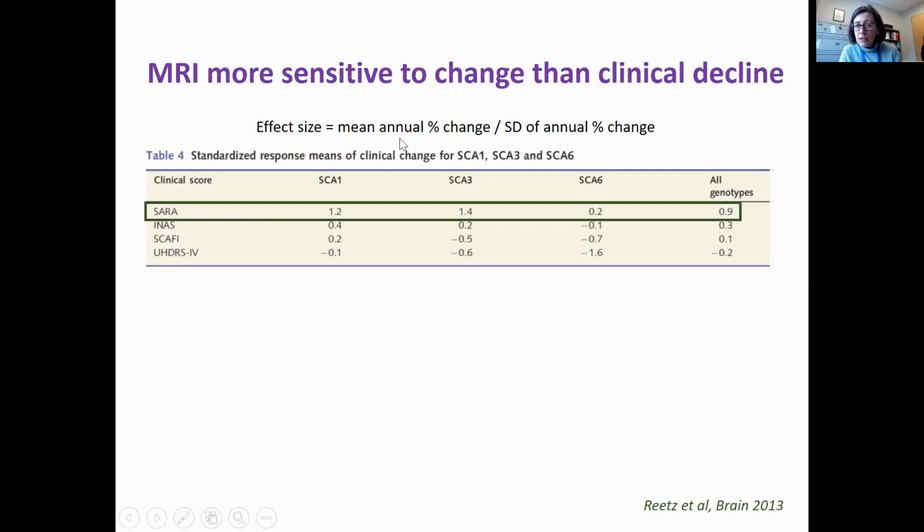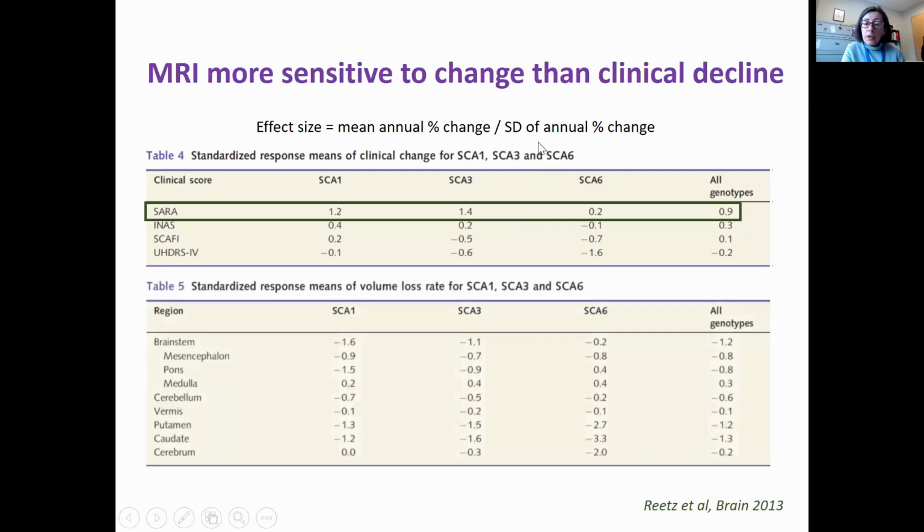Effect size being mean annual percent change divided by the standard deviation of the annual percent change. When they compared that to the volumetric measures and their effect sizes, in each disease case, they saw that the volumetric measures' effect sizes were higher than the SARA.